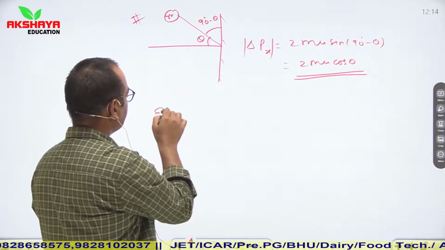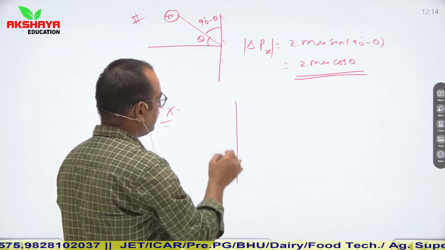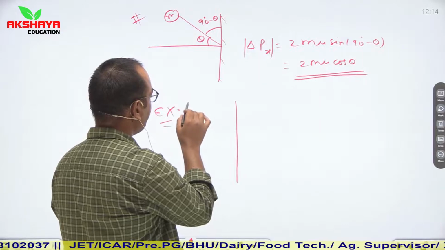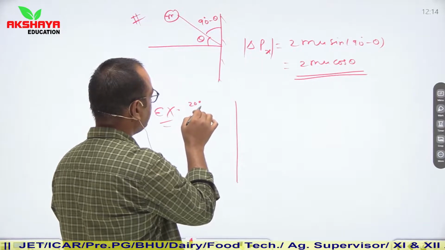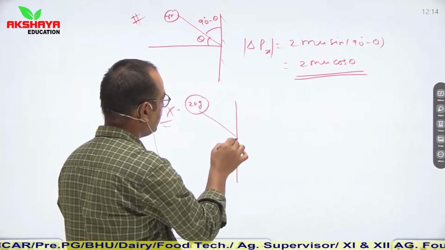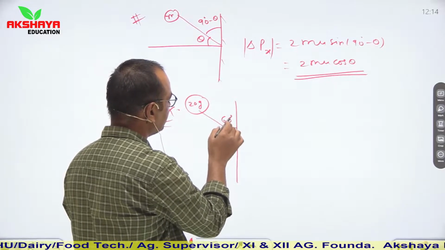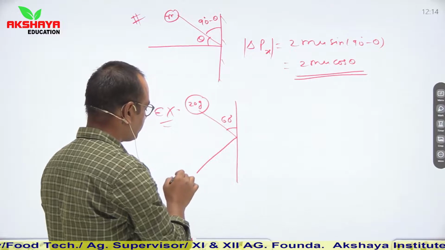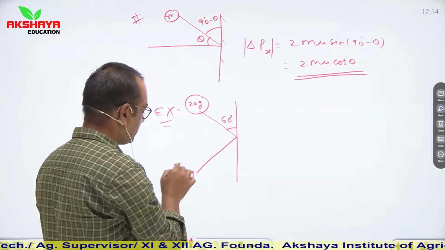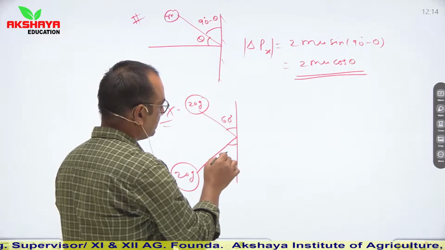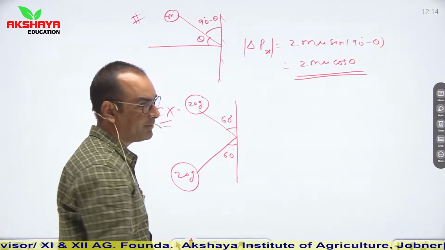Now see, let us say that a ball of mass 20 gram hits a wall by making an angle of 60 degree with the vertical, and it rebounds by the same angle, then what is the change in momentum?